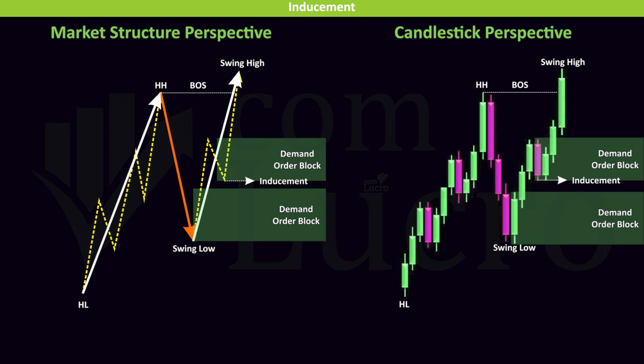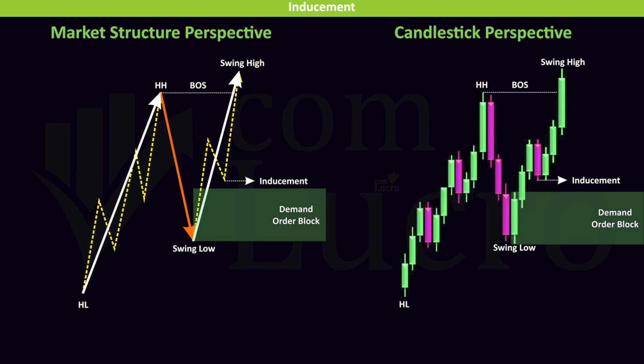Another key aspect is that for a break of structure to be valid, price must first form an inducement. If no inducement is present, then we do not have a valid break of structure, and as a result, no valid order block to trade from in this context. Since the upper order block acts as an inducement, it should not be treated as a valid demand zone, as price is expected to sweep through it.